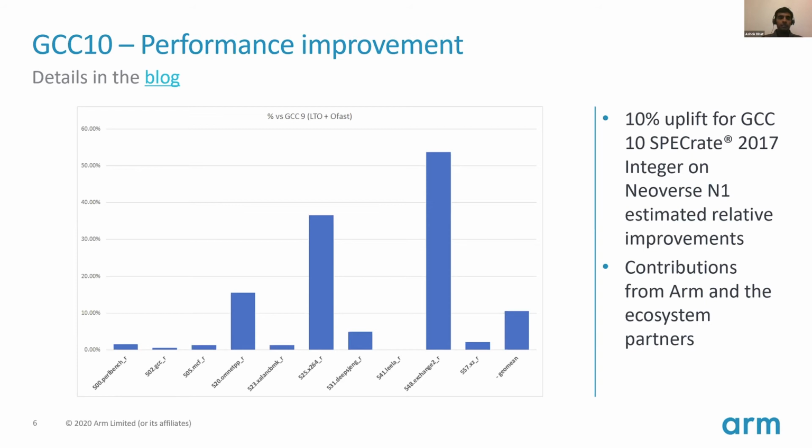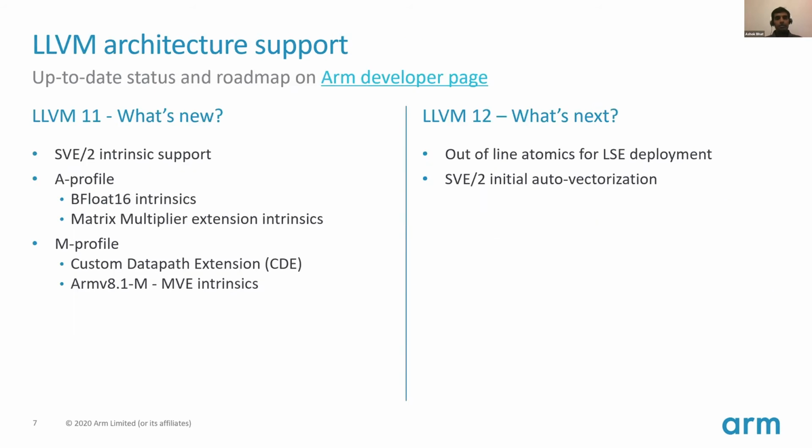All right, moving further, let's look at LLVM architecture support. LLVM 11, even though it's not been officially released, is about to be released. There are release candidates available, so I'm just covering that. And you can see it's a similar kind of feature set to what was added in GCC 10 and is part of LLVM 11.